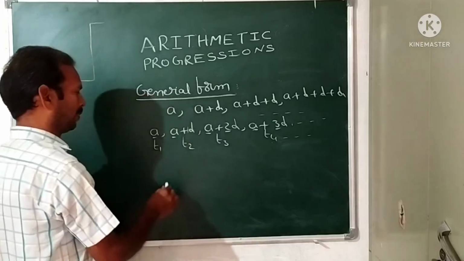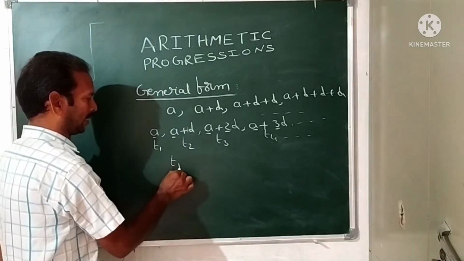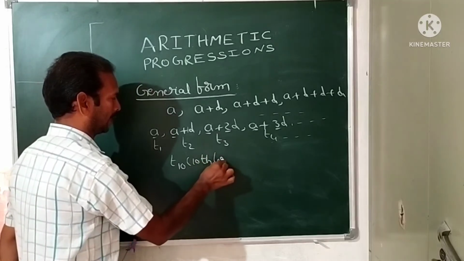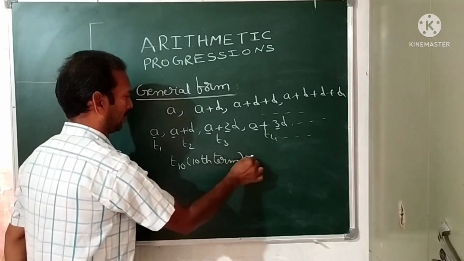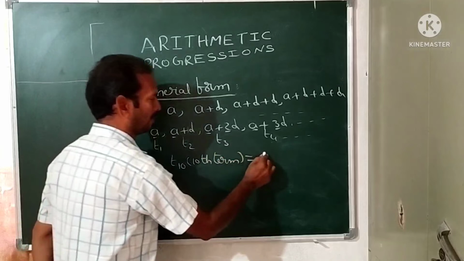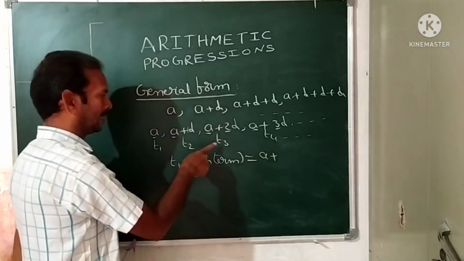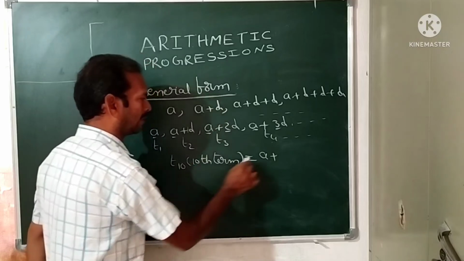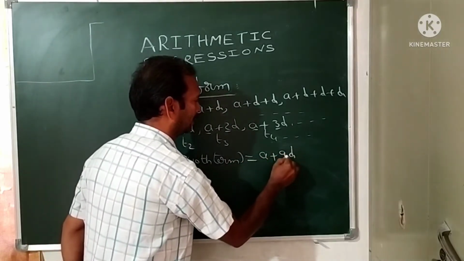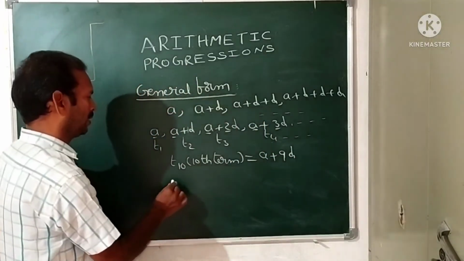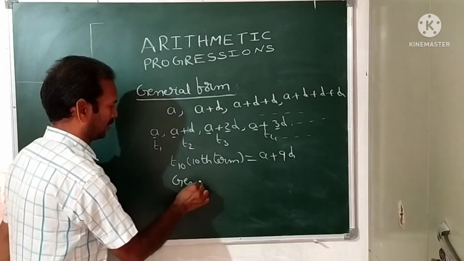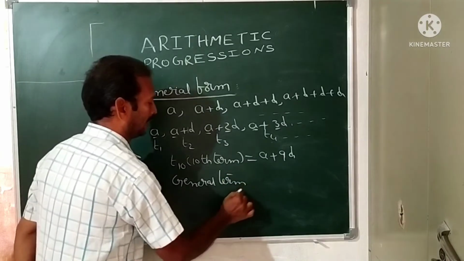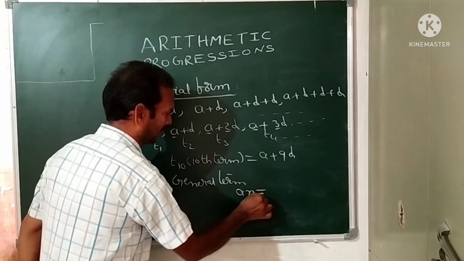Like that, suppose I am writing the 10th term. A should be written commonly, a plus. In the third term d is there 2 times, so in the 10th term, 9d. So the general term: a n equals a plus n minus 1 times d.